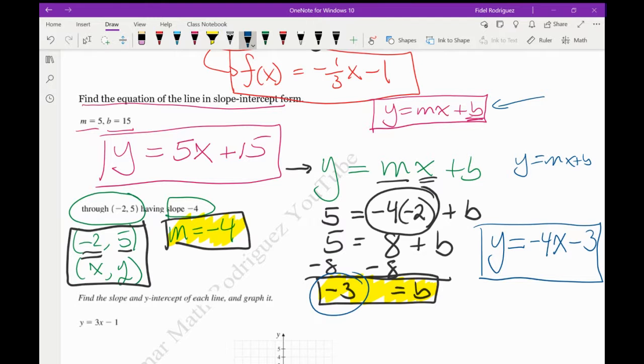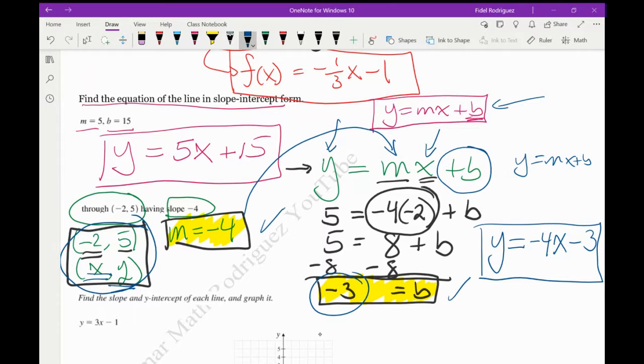But when they don't give me the value of b, they just give me some random point, then we're taking that point and remembering that the first number is x and the second number is y, and we're plugging in those x and y's here, and plugging in that value of m there, so that we can find our value of b. And then once we do, and we knew what m was, all we're doing is coming back to this form, and just plugging those numbers in like this, right?